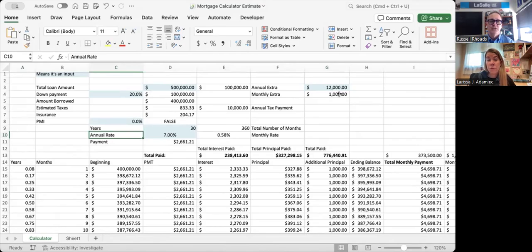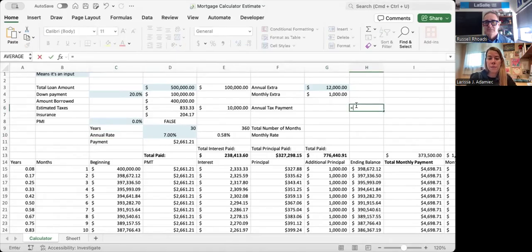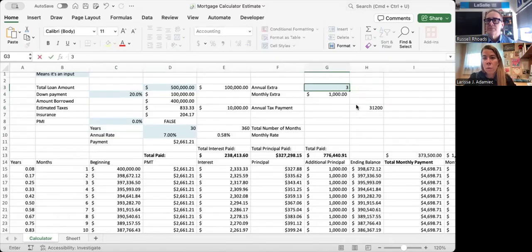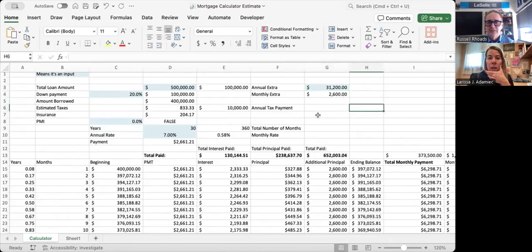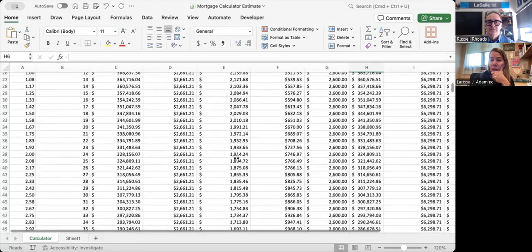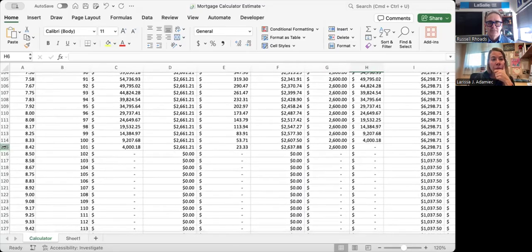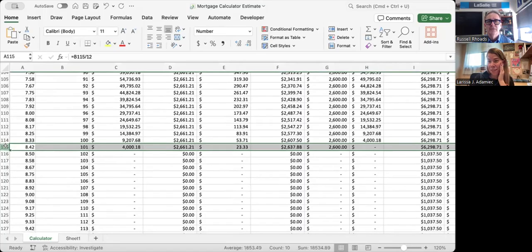If you doubled your mortgage payment, so if you just take the payment, not the actual total monthly payment, but that's $2,600 times 12, 31,200. Yeah, you would drop your interest payment from 558 to 130, and you would pay off your loan in less than 9 years.